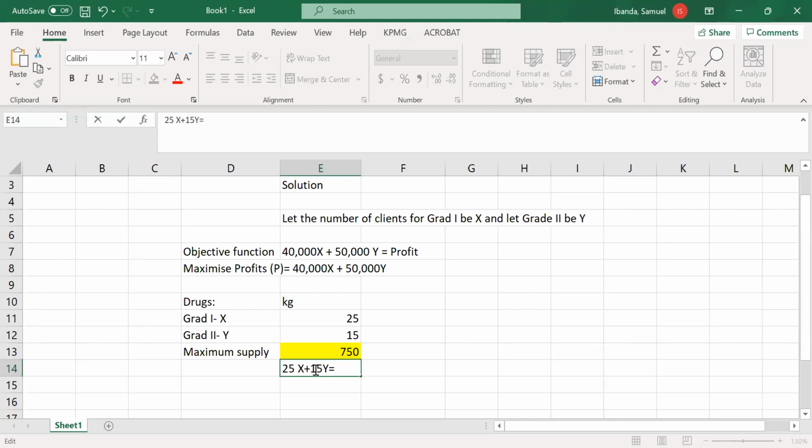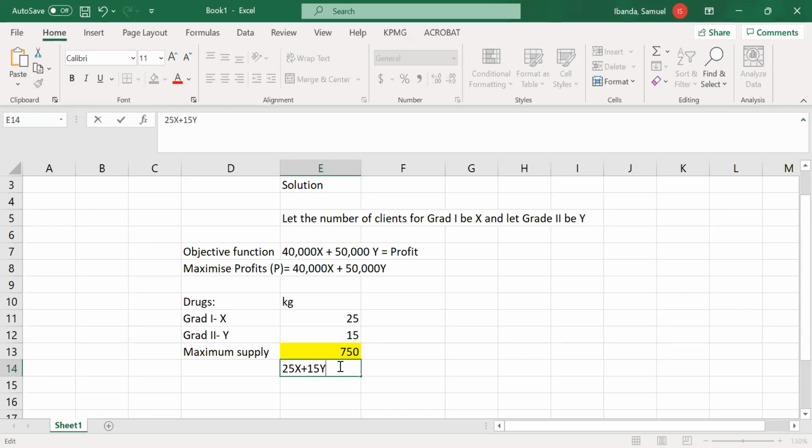And this has to not be more than 750 because our maximum supply is 750. So when you add the total kgs of drugs for X to that of Y, it should not be more than 750.